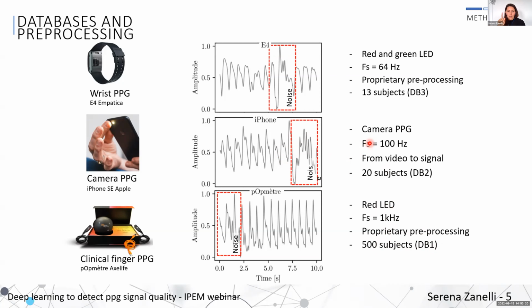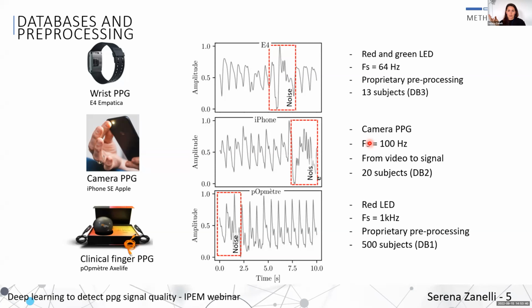So we acquired two other datasets. One is made with an iPhone camera, so we processed the video into a signal. And then we used the E4 Empatica, a wrist PPG device. We did not use any filter because Empatica gives signals that are already filtered.